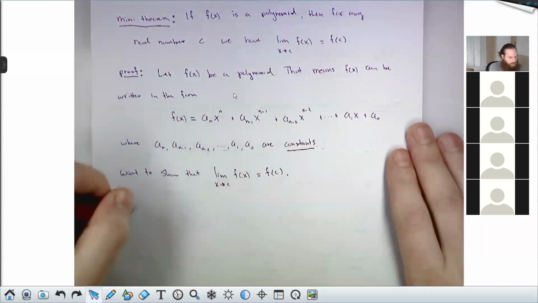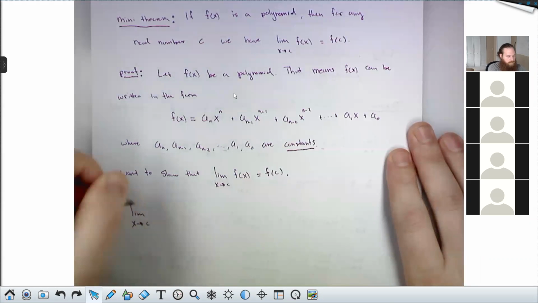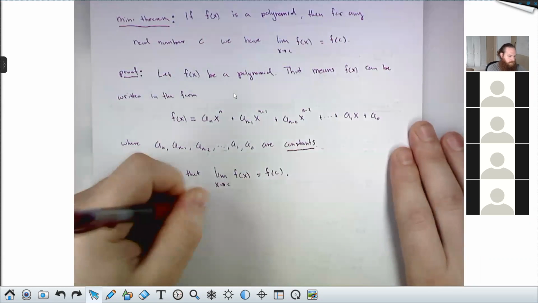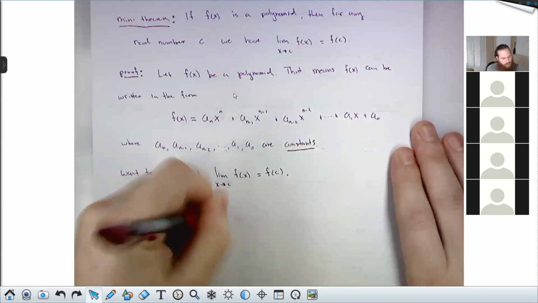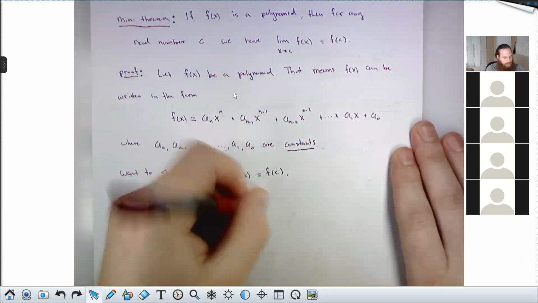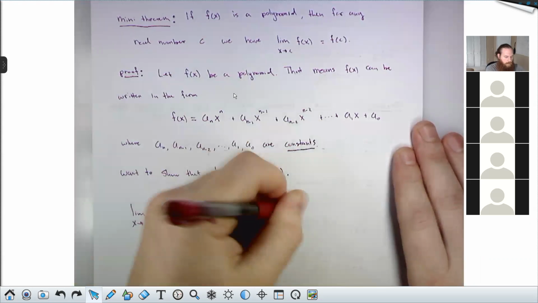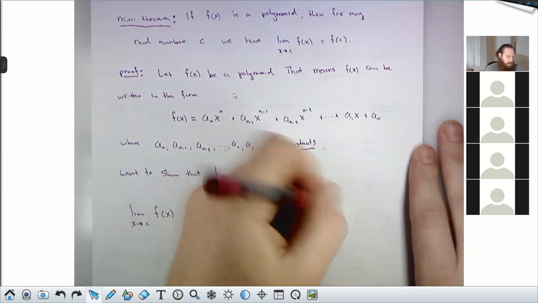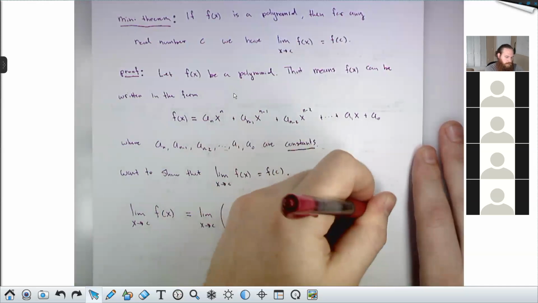So the limit as x approaches c of f of x is by definition the limit as x approaches c of this big expression, an x to the n plus an minus 1 x to the n minus 1 plus an minus 2 x to the n minus 2 plus a1x plus a0.